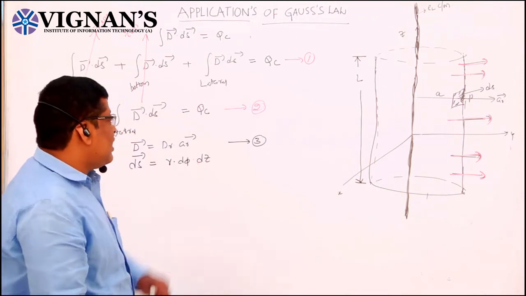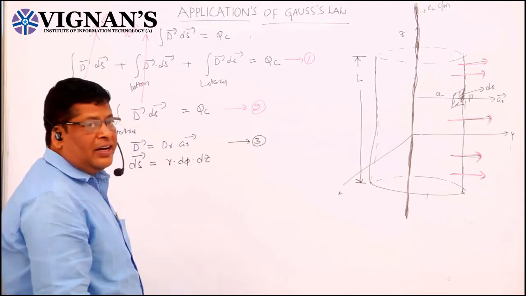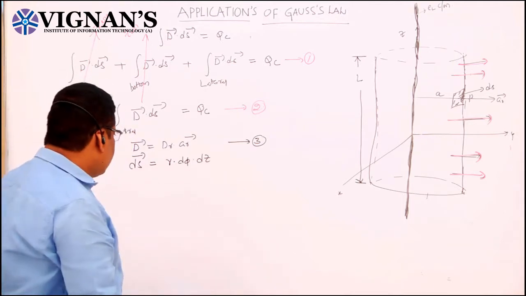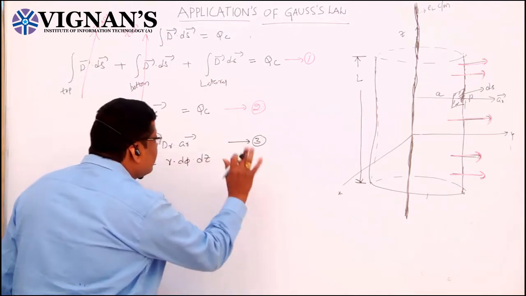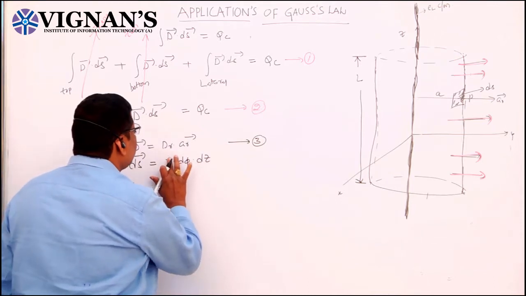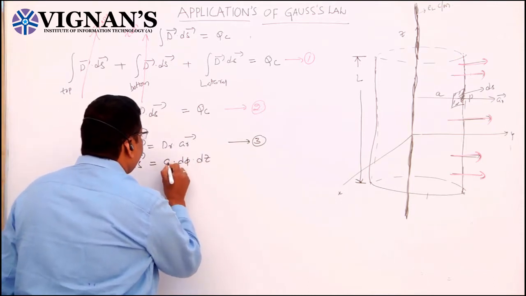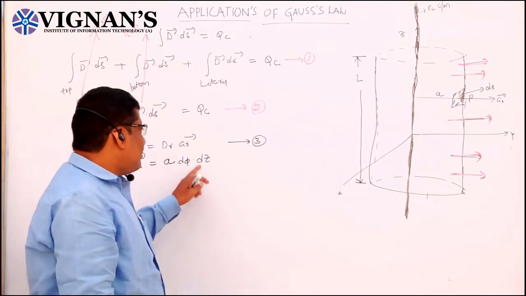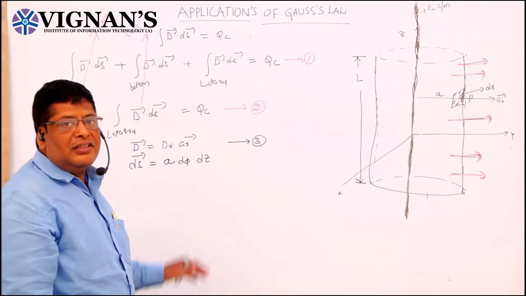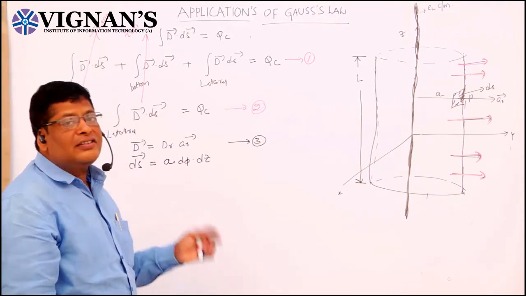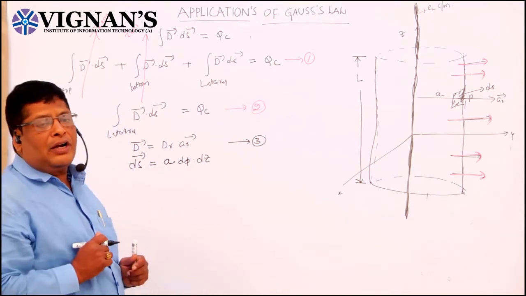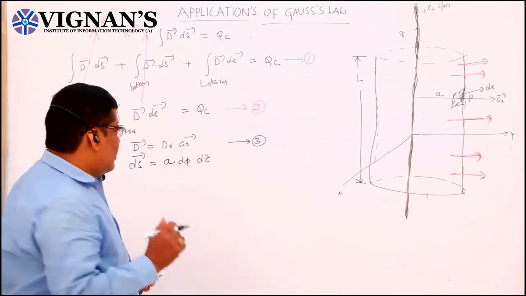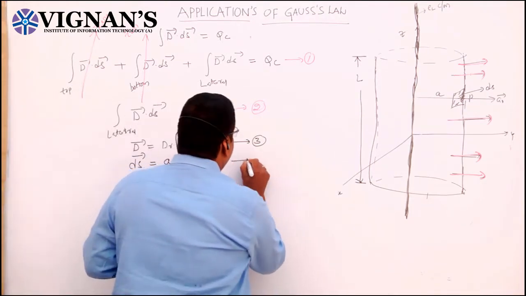In this case, r is nothing but the radius of the cylinder. That's why this is a general expression. So this we can write as, r should be replaced by a, dφ dz. This is the differential surface area, which is perpendicular to the radius of the cylinder. This we can take as equation 4.